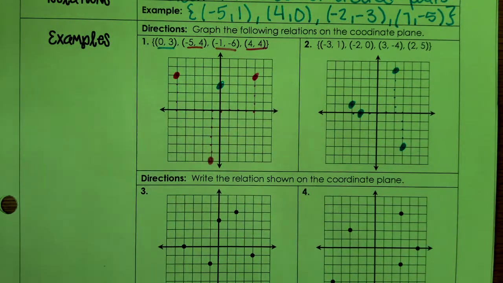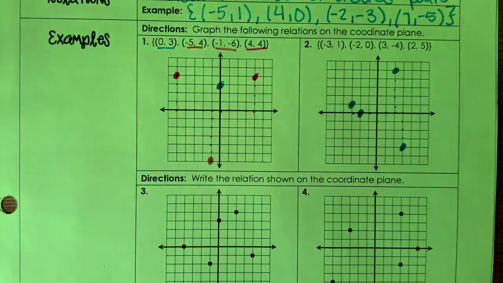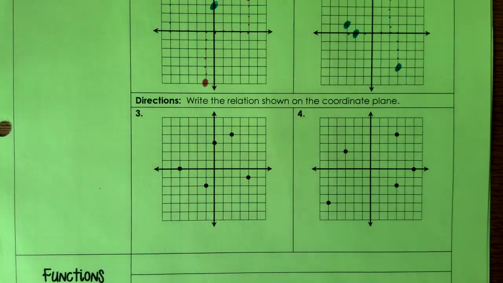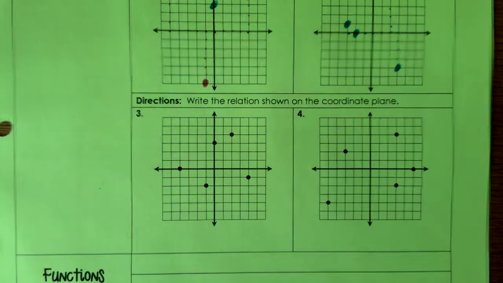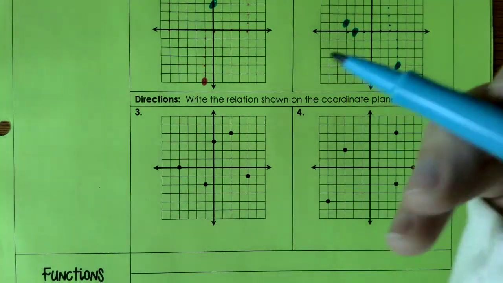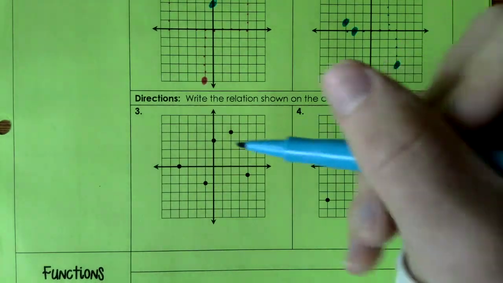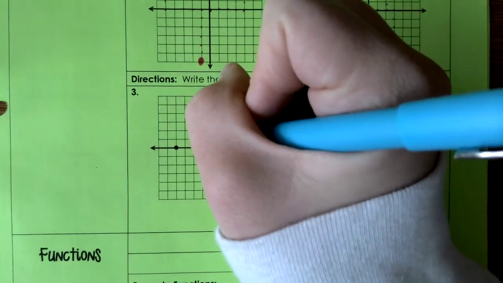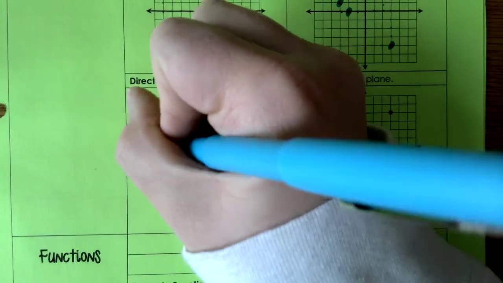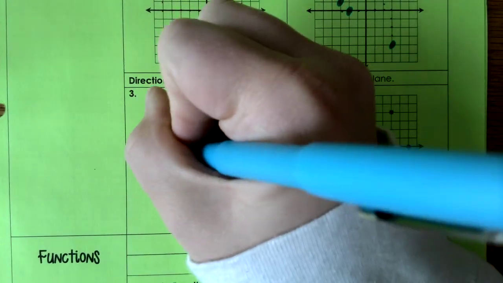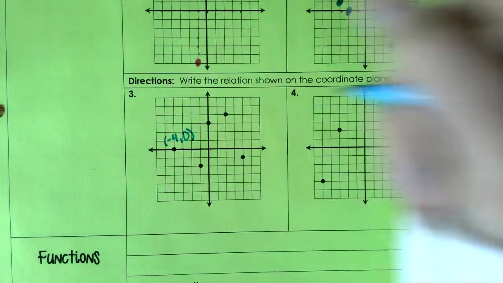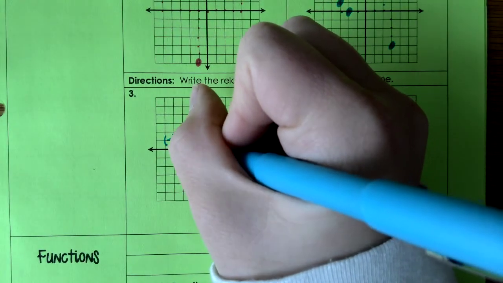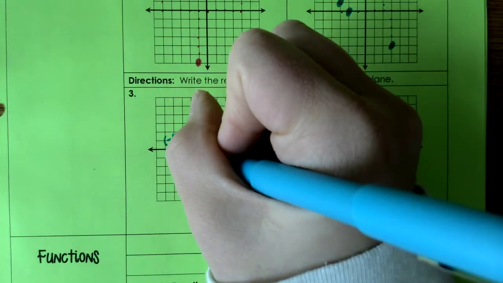So then on the next one here, it says, write the relation shown in the coordinate plane. So now we have to go through and label the points. First, I go backwards 1, 2, 3, 4. So I know I have -4 and then I'm not moving up or down at all. So that's (-4, 0). Then I go backwards 1 and I go down 1, 2.